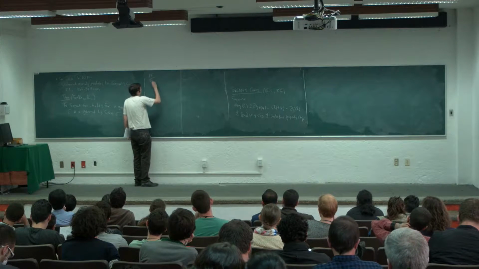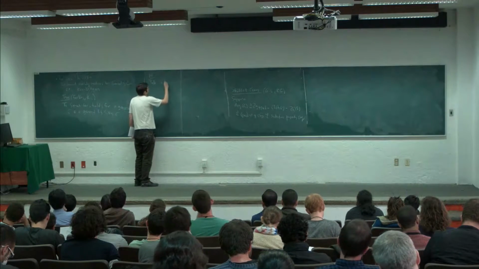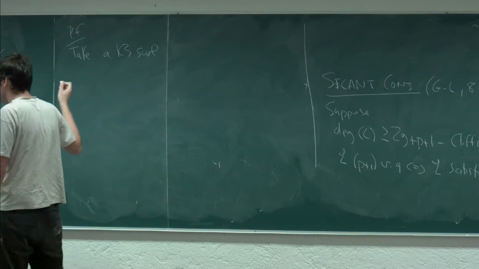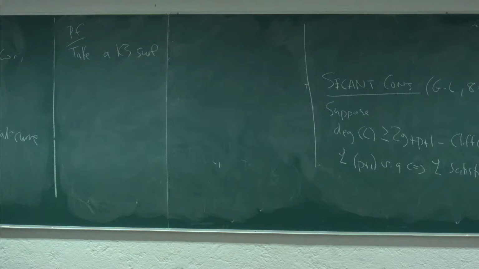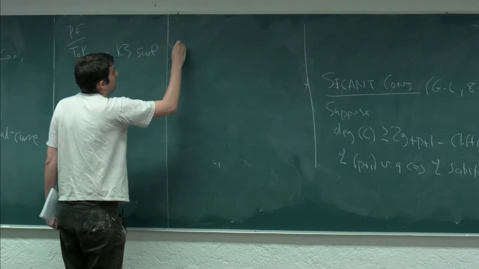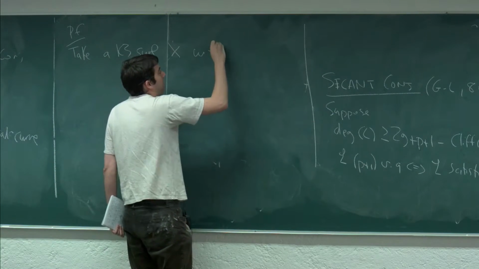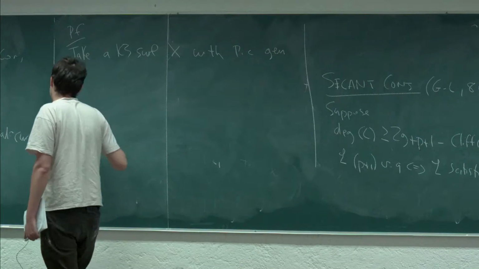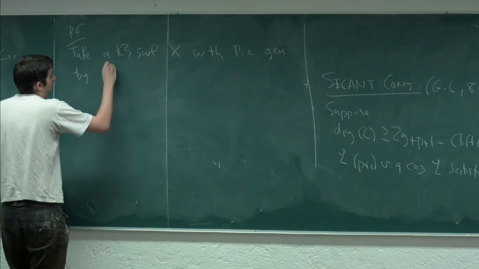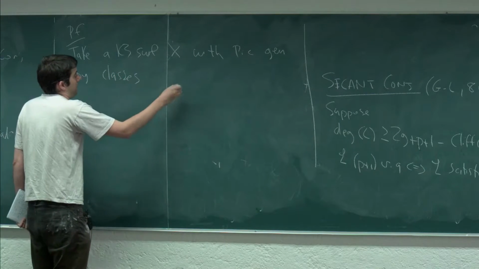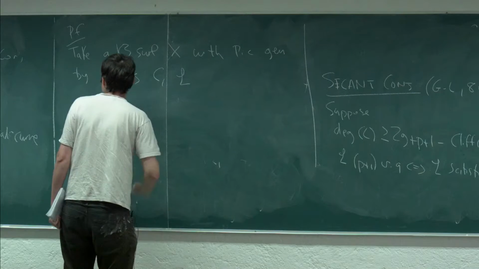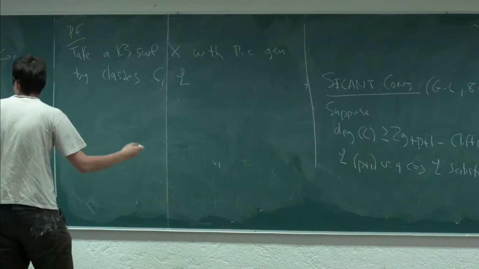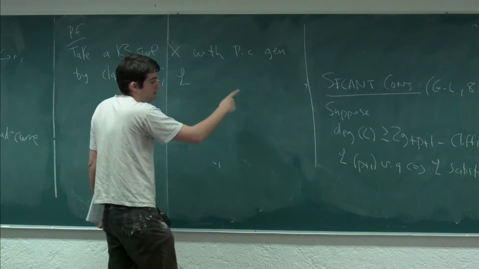So you take a K3 surface, let's call it X, and we have the Picard group generated by classes C and L. And then for various reasons, you know what the degree of the intersection of C and L should be by this formula.